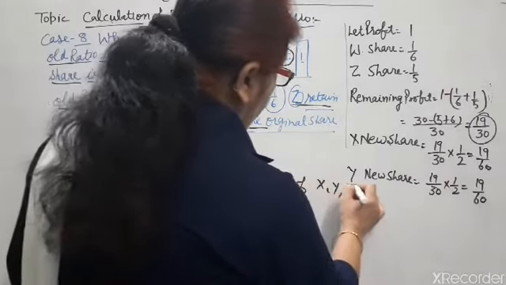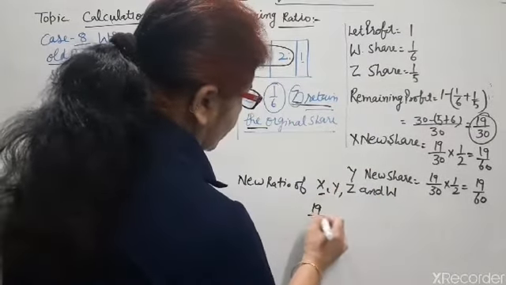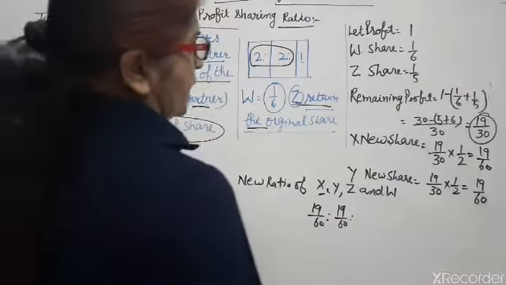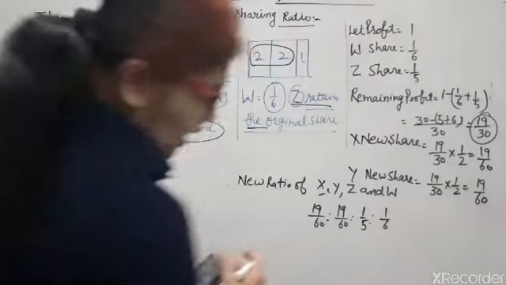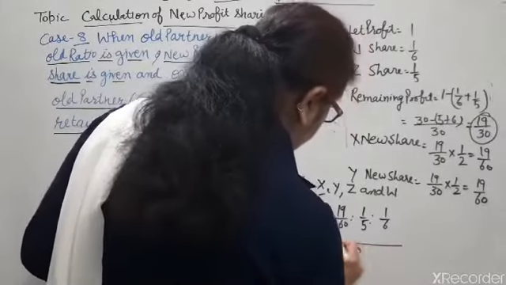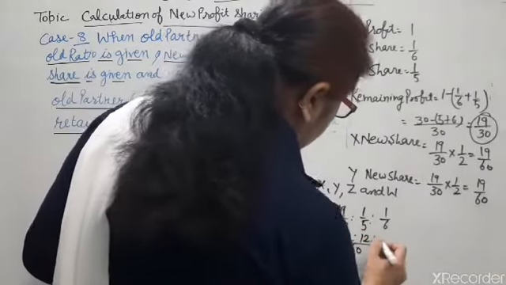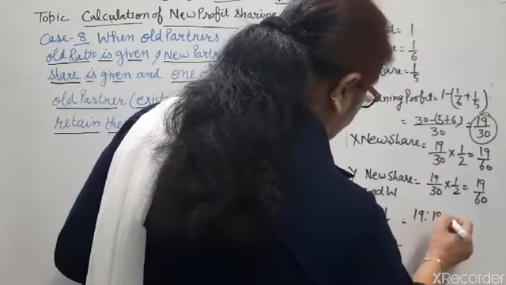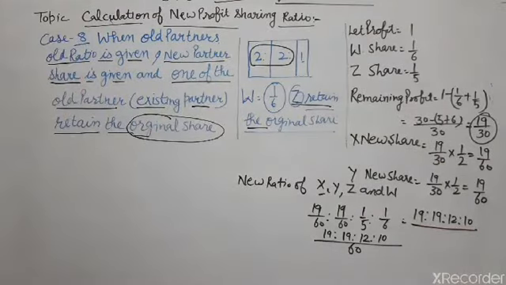Now we calculate the new ratio of X, Y, Z and W. X's share is 19/60, Y's share is 19/60, Z's share is 1/5 and W's share is 1/6. Now the LCM is 60: 19:19:12:10. So the new ratio becomes 19:19:12:10.